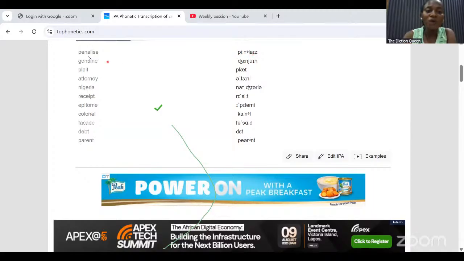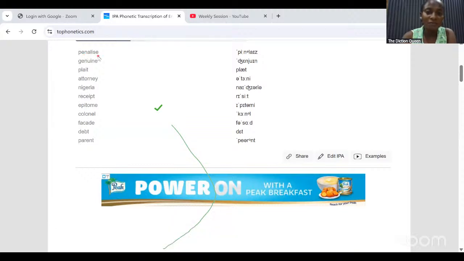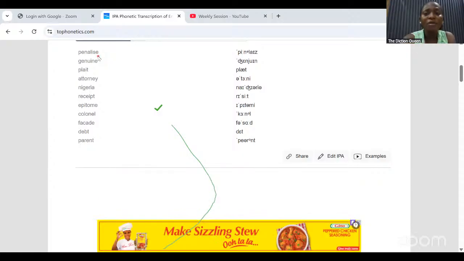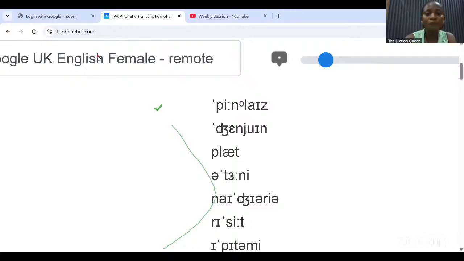So the first word I have here is rightly pronounced penalize. Let me try to bold the screen so you can see the transcription properly. Now, looking at the transcription, for the first syllable, we have P. After the P sound, the next sound is a vowel sound, and it comes with 2 dots.